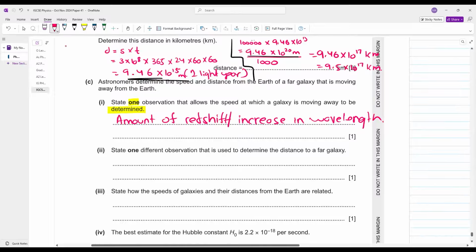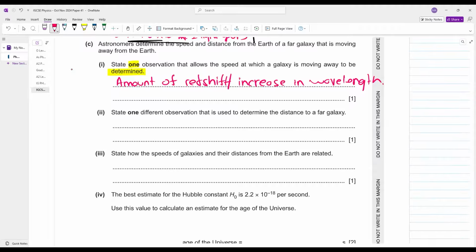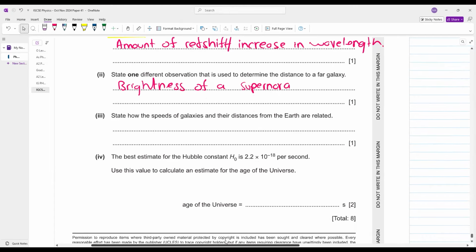State one different observation that is used to determine the distance to a faraway galaxy: the brightness of the galaxy, or the brightness of a supernova. Okay. State how the speed of the galaxy and its distance from the Earth are related.